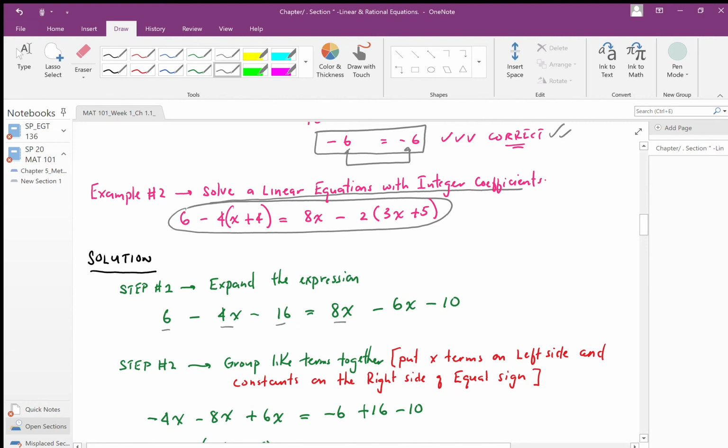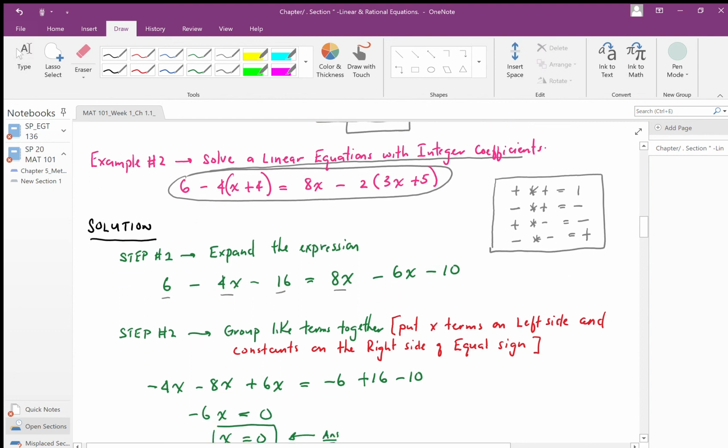Okay. So if you have any trouble with signs: plus times plus equals plus, negative times plus equals negative, plus times negative equals negative, negative times negative equals a positive. So you may want to remember this when you're multiplying.